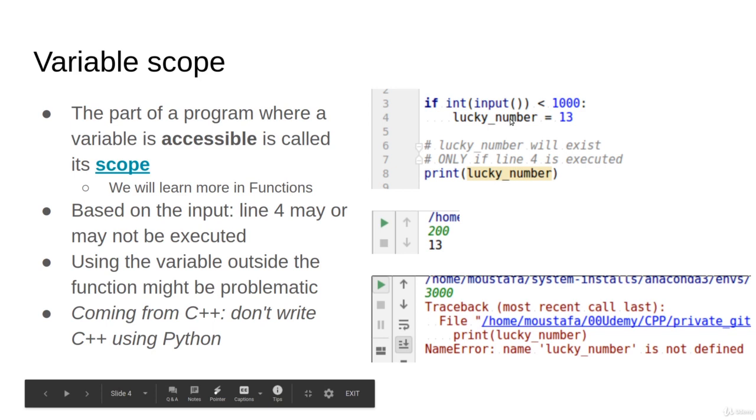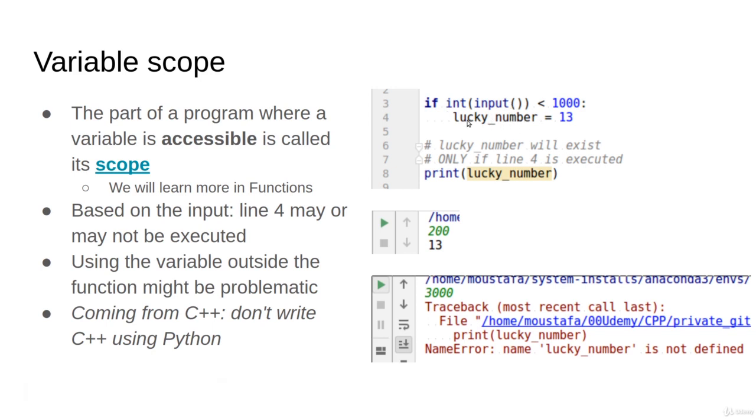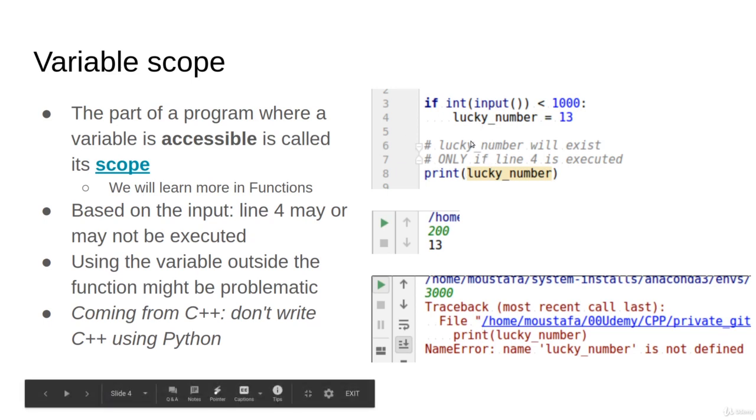This if condition might be problematic because you are assigning this variable for the first time inside it. One proper way to handle that is to assign it some value first, and it might be overridden with a new value and used in all cases. So overall, the scope refers to where the variable is accessible, where it is visible, and be careful of such cases to avoid name error problems.